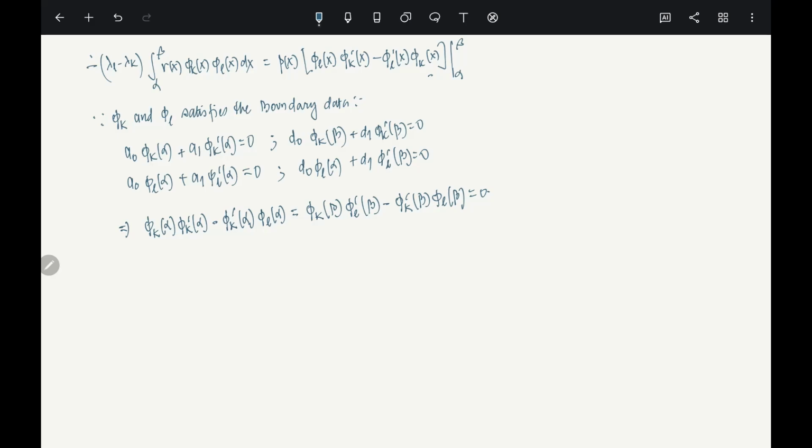Now once this is there, if you put this condition here, see what is happening. Basically it means that this integral between beta and alpha, if you calculate it from here and here, this part is 0 because p is given to be positive, and therefore that will imply lambda l minus lambda k times the integral from alpha to beta of r of x phi k of x phi l of x dx has to be equal to 0, for k not equal to l.